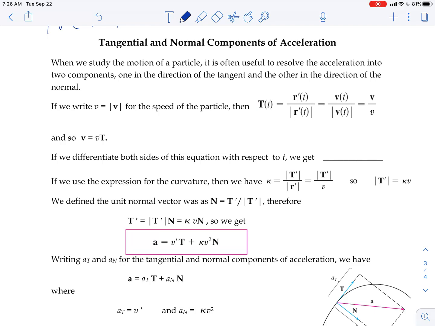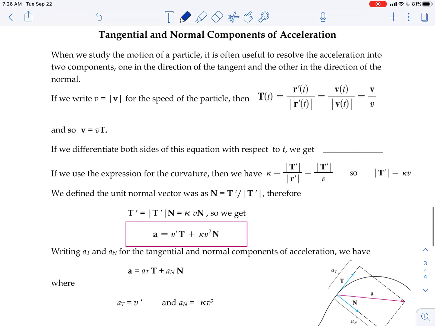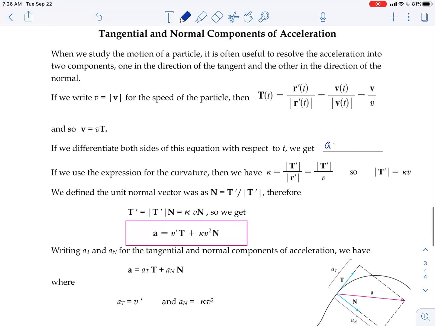Now, if we differentiate both sides of this equation, we'll get the acceleration, because a is equal to v prime, the derivative of vector v.